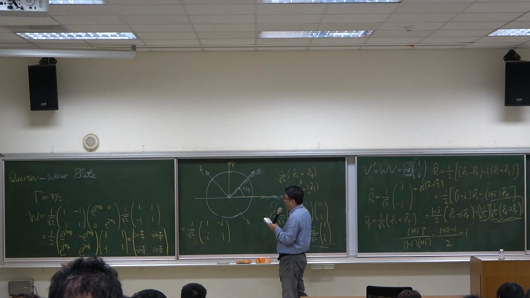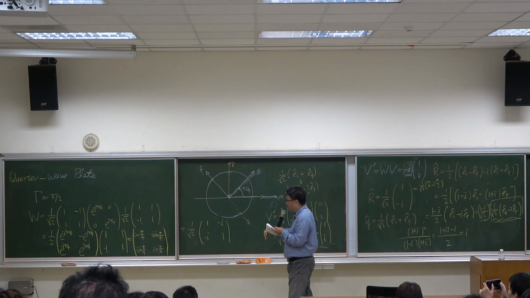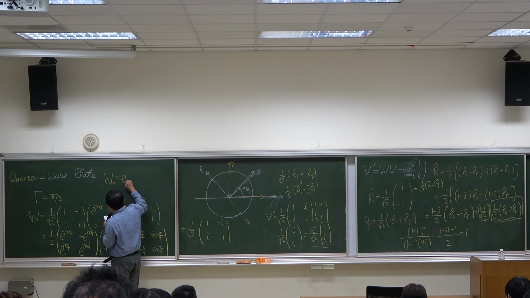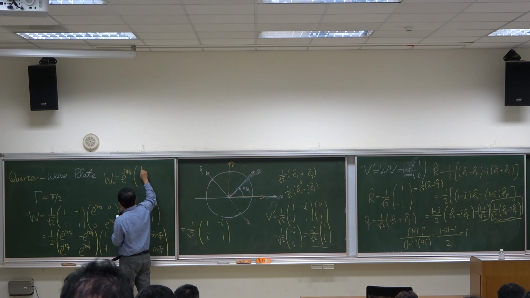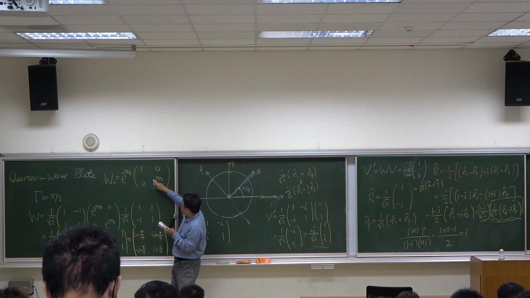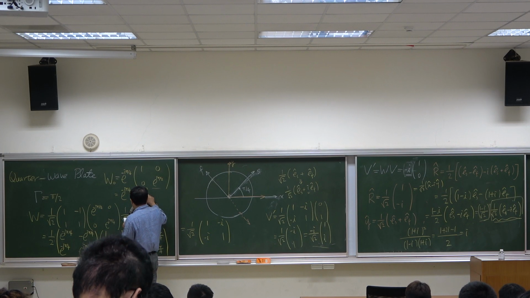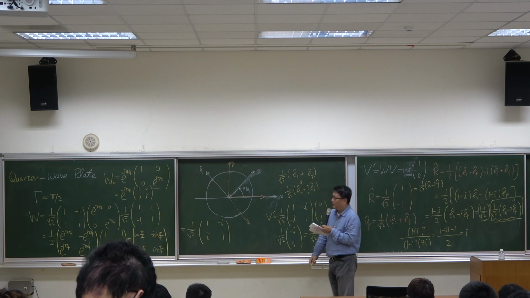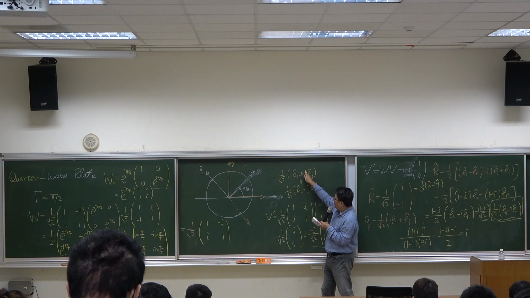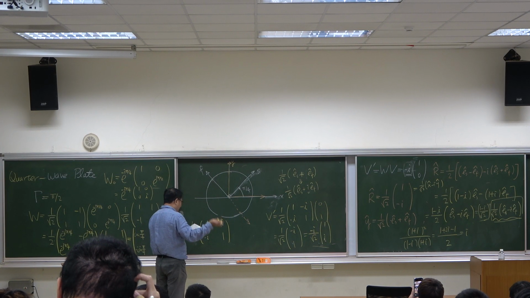So it becomes an I factor. But we need to be careful whether this is positive I or negative I. From here, W0 is equal to exponential minus I pi over 4 times 1, 0, 0, exponential I pi over 2. And exponential I pi over 2 is just I. So this means that if we use the crystal axis, then we change the phase of the second component from 1 to I. Okay, so we get this left hand circularly polarized light.